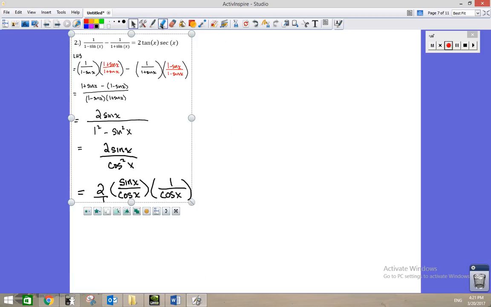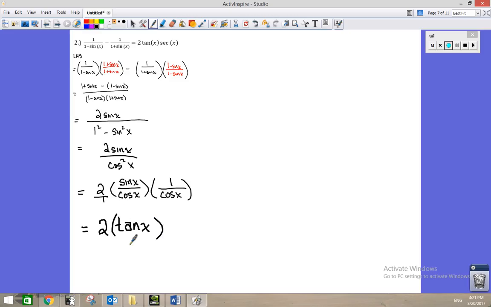So sine of x divided by cosine of x is, by the quotient identity, the tangent of x, and that's being multiplied by 1 over cosine, which by the reciprocal identity is the secant of x. And that's what we have up here on the right-hand side. So we're done.